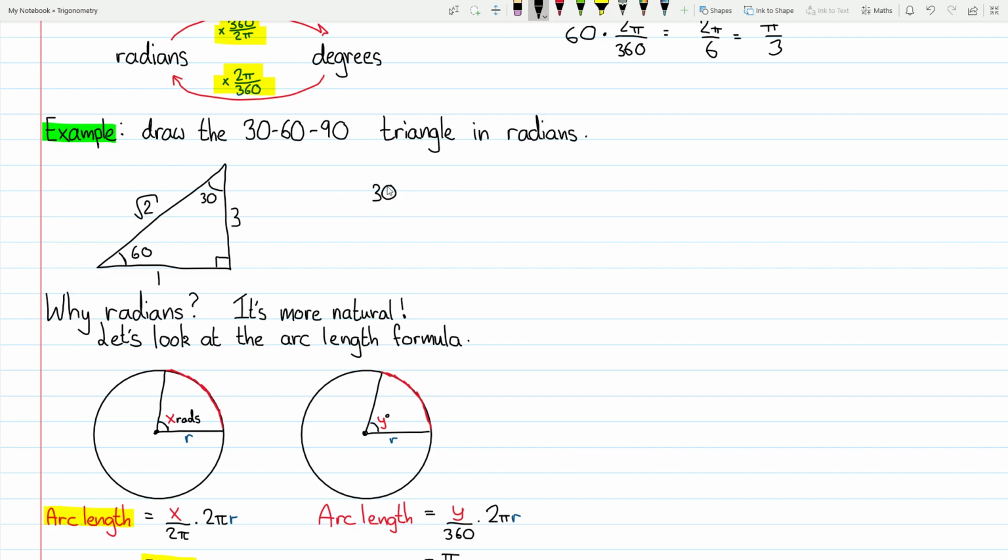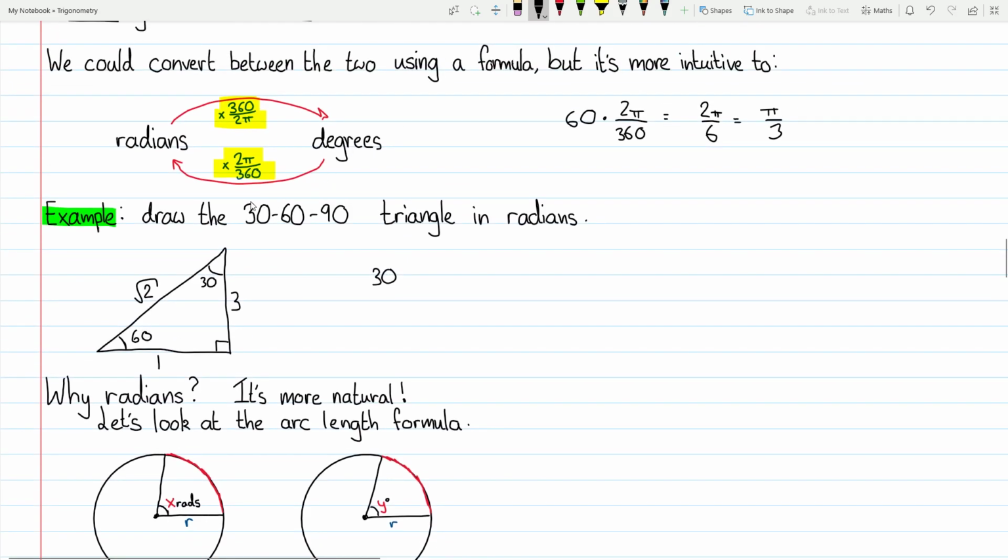We can go from degrees to radians, and just do what we did before, which is multiply through by each degree being 2 pi divided by 360 radians. So if we have 30 of them, this is just going to be pi on 6. So this angle here is going to be pi on 6.